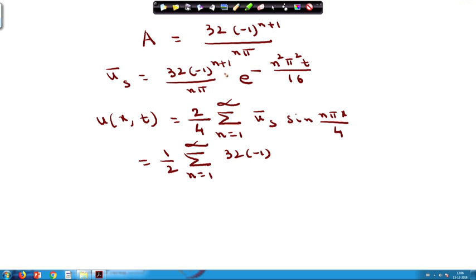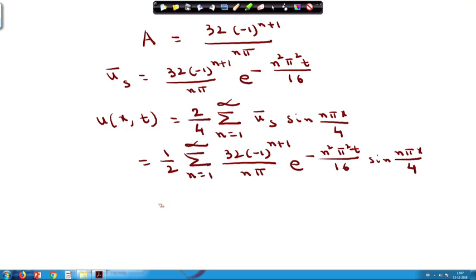Please note this, u bar s will be 32 into minus 1 to the power n plus 1 by n pi into e power minus n square pi square t by 16 into sin n pi x divided by 4.